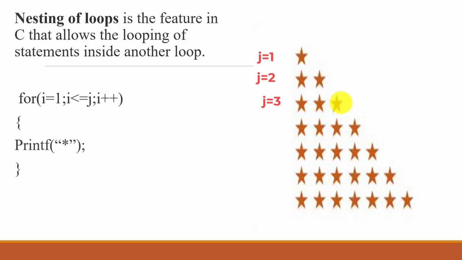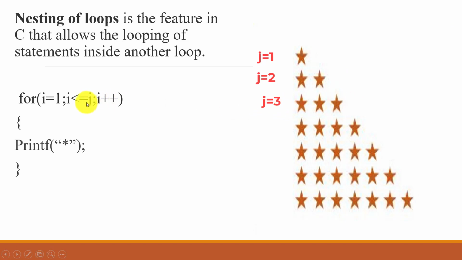So our code becomes like this: I is equal to 1, and I is less than or equal to j, because if j is equal to 1, it will print 1 star, if j is equal to 2, it will print 2 stars, and if j is equal to 3, it is going to print 3 stars.